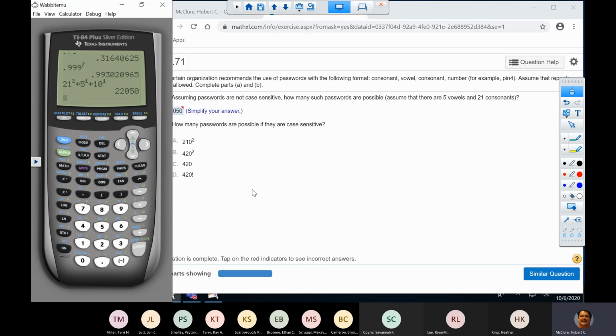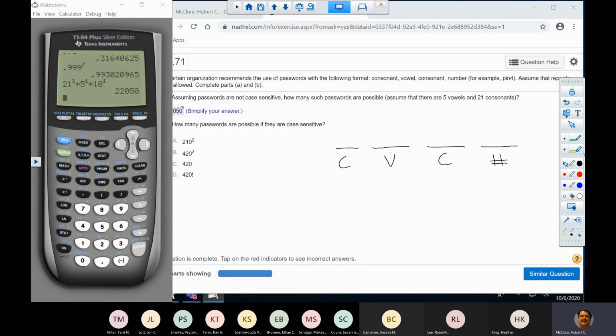Now it says, what if case sensitive? Well, case sensitive only affects what? The letters. Thank you. Oh my gosh, somebody actually spoke. So we got consonant, vowel, consonant, and number.